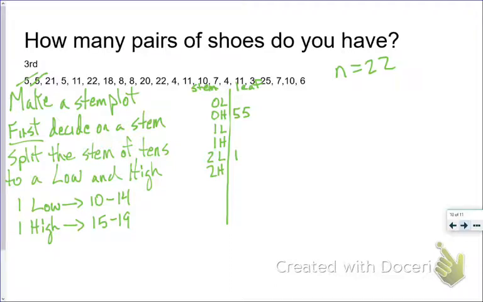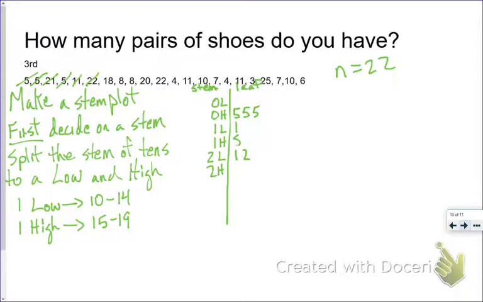Rewind it if you need to, and listen to how we do this if you get lost. We got another 5. We got an 11. A 22. This is weird. So that does not represent 12. That resembles 21 and 22.